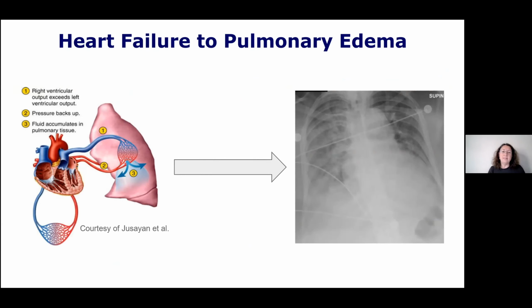And if that happens, then the blood pressure builds up because basically the pump is not working as well. The first immediate effect of that is that the fluid from capillaries in the lungs seeps into the airspace in the lungs. And so this can be seen almost instantaneously in chest X-rays.